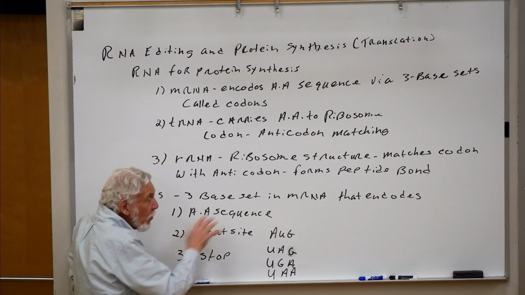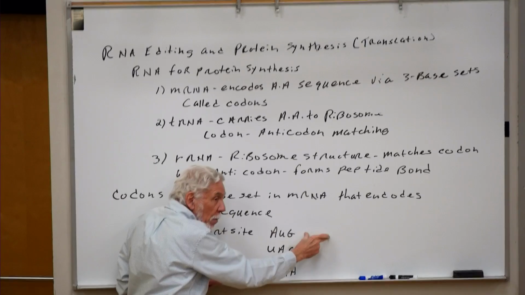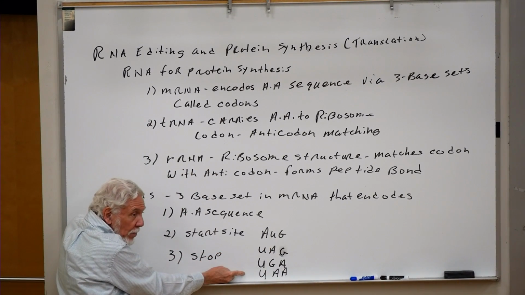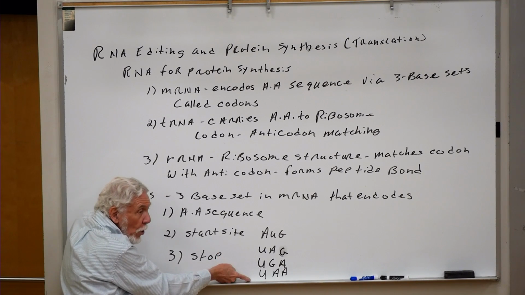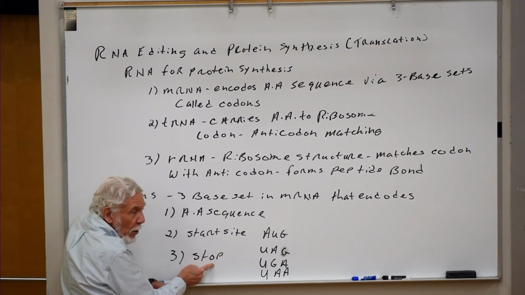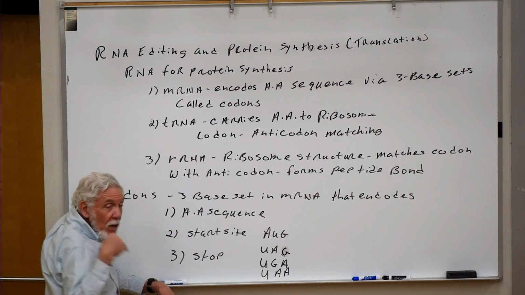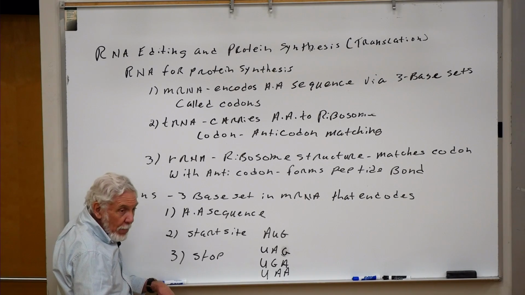That AUG says we're now going to read every 3 bases from there on, and each one of those 3-base sets will determine an amino acid until you get to one of these 3-base sets. UAG, UGA, and UAA are said to be the stop codons. When you encounter one of these, you've come to the end of the mRNA, the end of the reading frame.